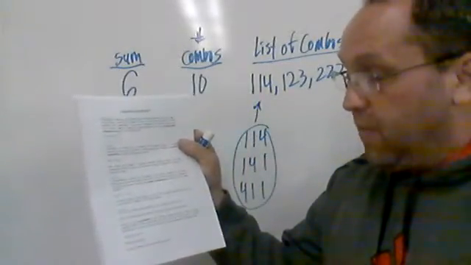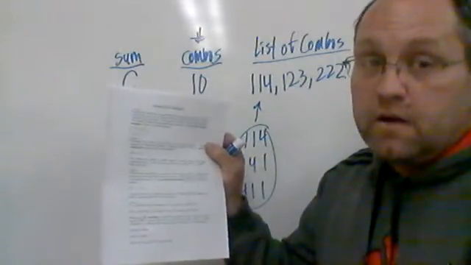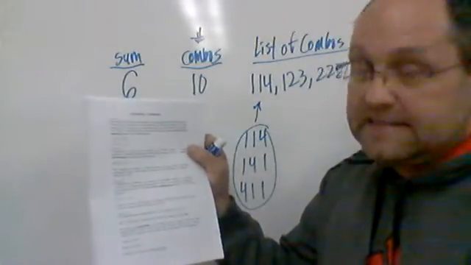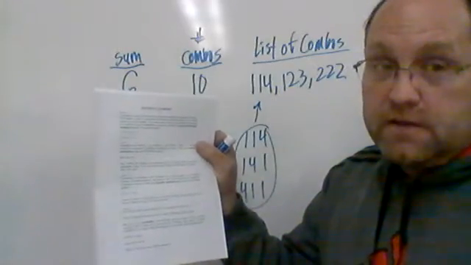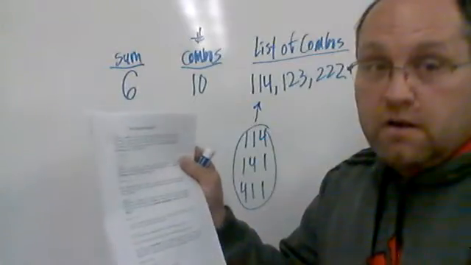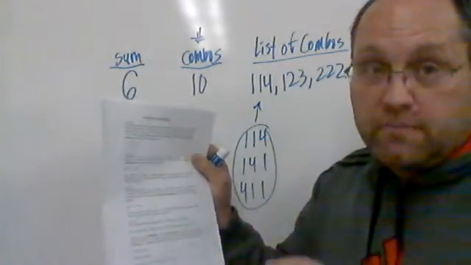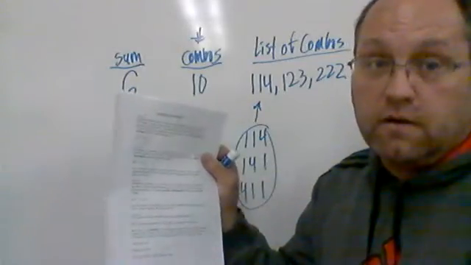Then number 4, probability. We haven't got into that, excuse me, yet. That's listed as lesson 83, but probability is pretty simple. It's the number of events that are possible for an outcome divided by the total number of events.